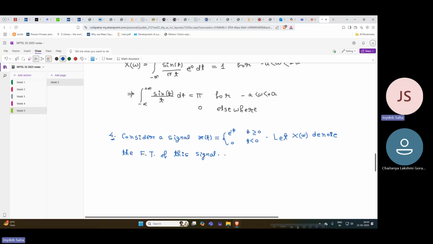Then find the integral 1 upon 2 pi, minus infinity to plus infinity, X(omega) d omega.